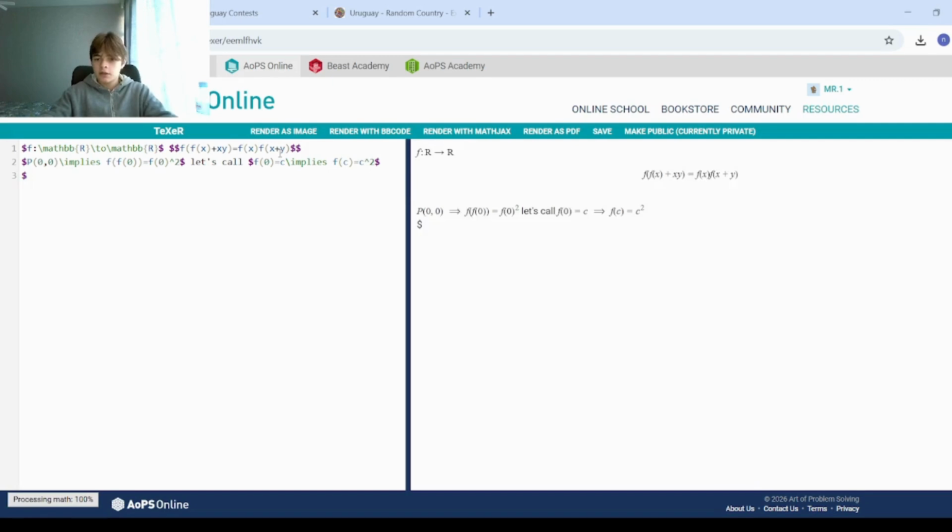Okay, now can we prolong activity? No, not so easily. Let's try this. Maybe we will get f(x) is equal to f(x) squared.